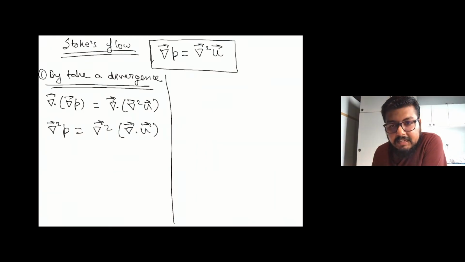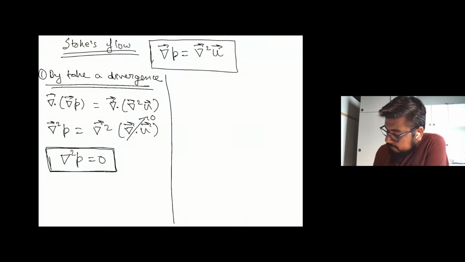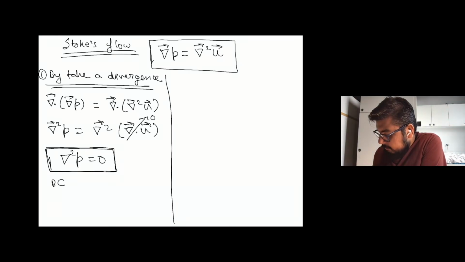And since this is an incompressible flow problem, the right hand side of this equation is 0. And so we end up with Laplace of P is 0.